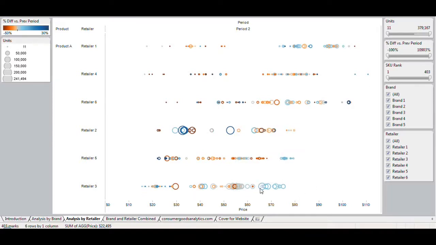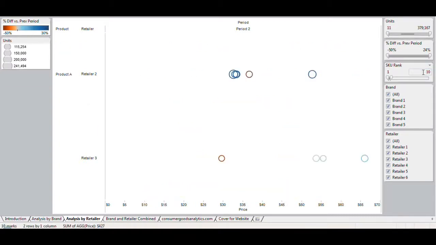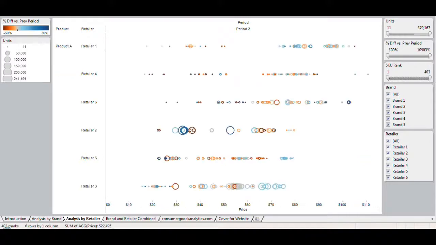And we can also see where each of them is performing well and where each of them is growing, and the same interactions and filters work with this visualization as well. So most of the top selling SKUs are either with retailer number 2 or retailer number 3.